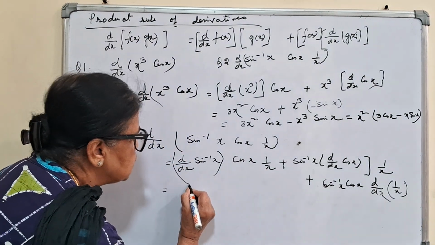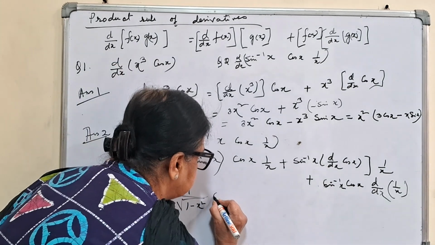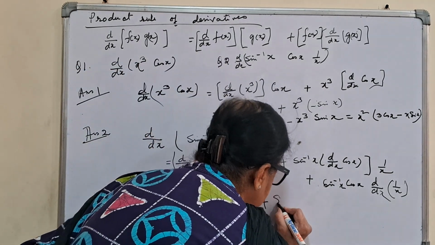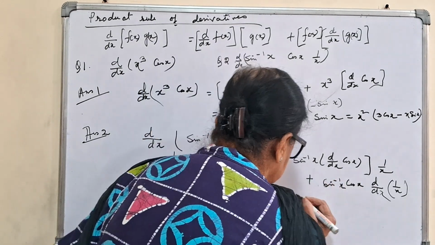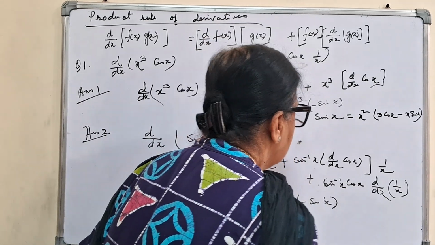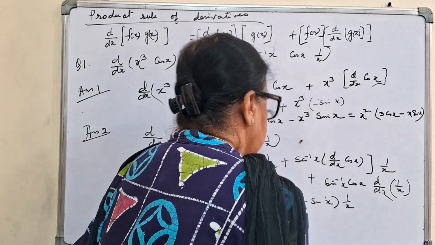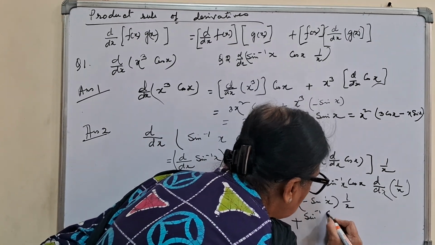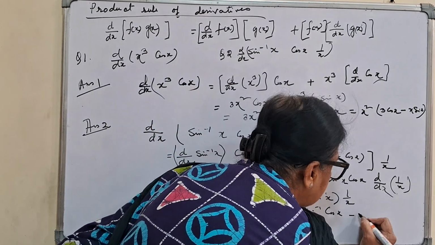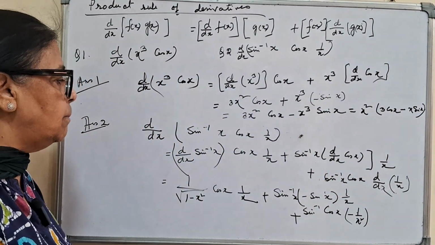So it will be 1 by root over 1 minus x square, cos x as it is, 1 by x as it is, plus sin inverse x as it is, derivative of cos x is minus sin x, and 1 by x as it is, plus sin inverse x as it is, cos x as it is, and 1 by x is x raised to the minus 1, whose derivative is minus 1 by x square.